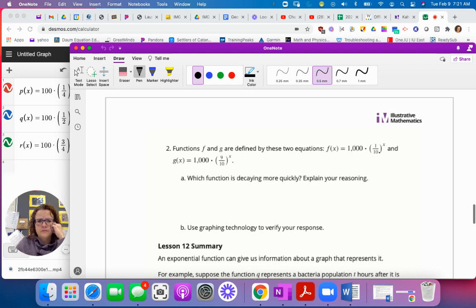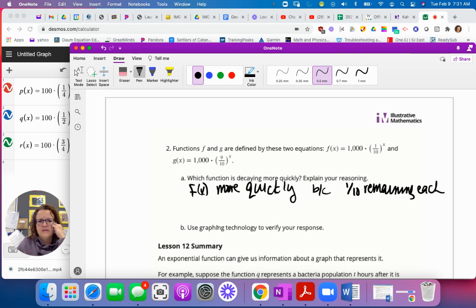So this is the smallest fraction, so it's decaying more quickly. F of x is decaying more quickly because we've got 1/10 remaining each time period.